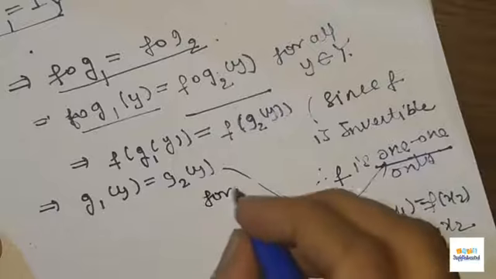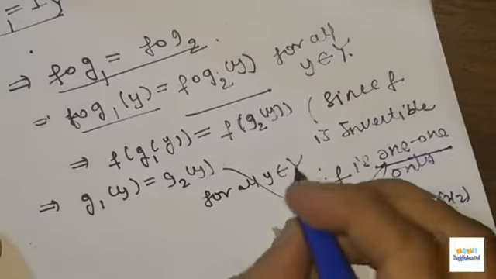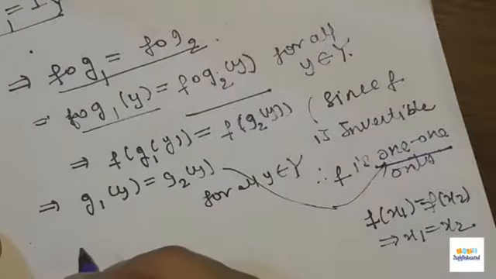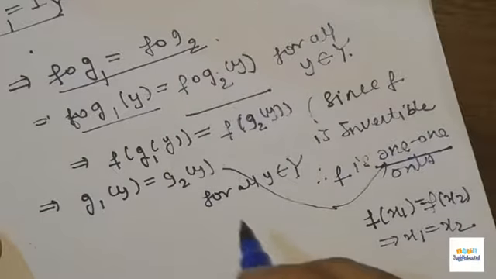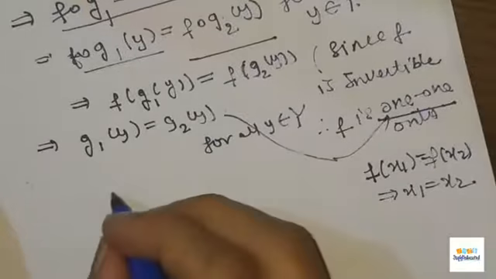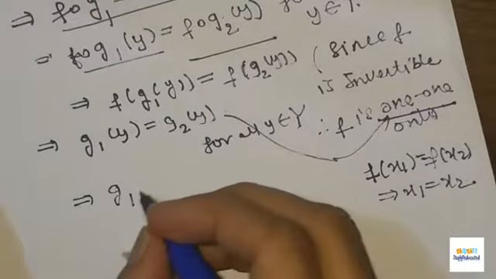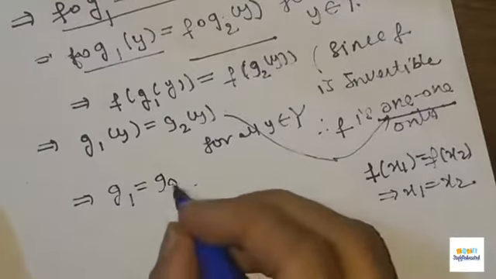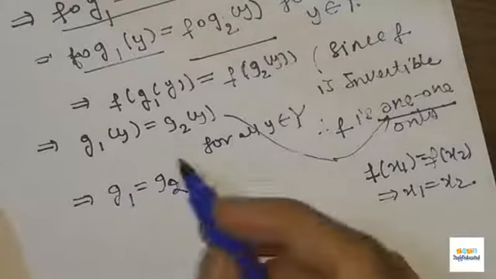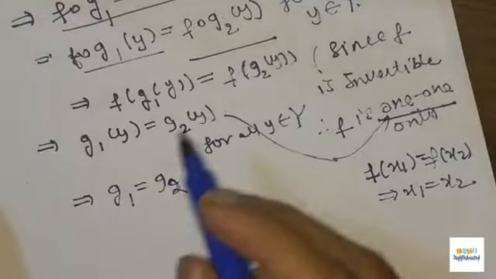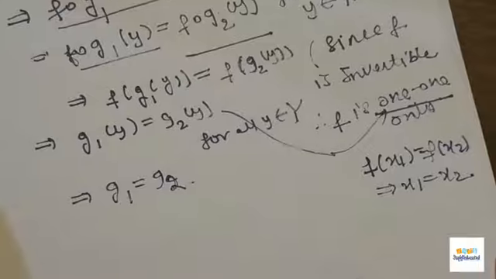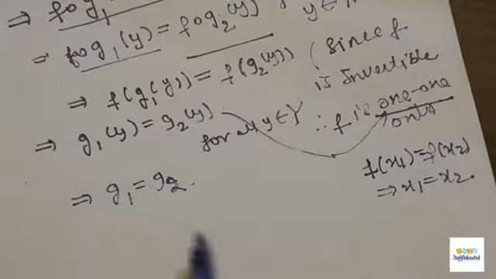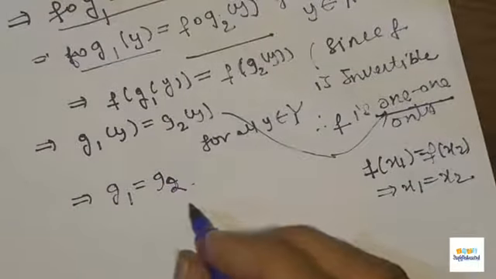Now this is true for all y belonging to capital Y. So what you got is g1 of y is equal to g2 of y for all y belonging to capital Y. So that means the function g1 is equal to g2, because for all the values g1 and g2 are equal, and that is what we wanted to prove.